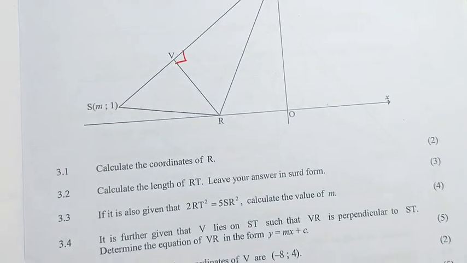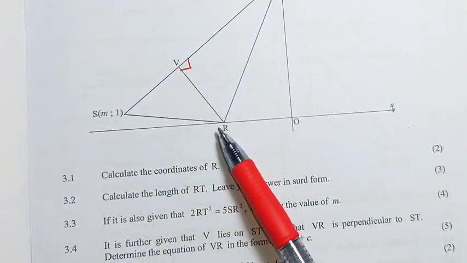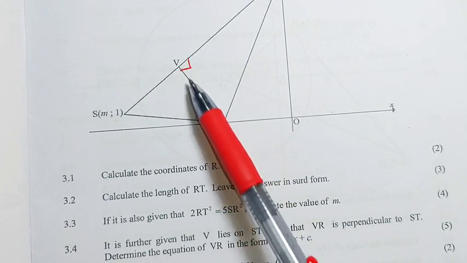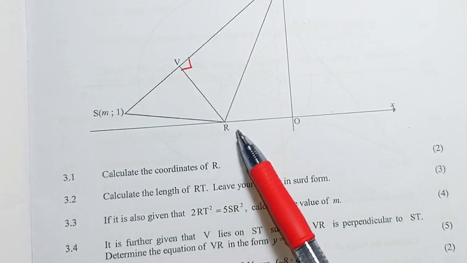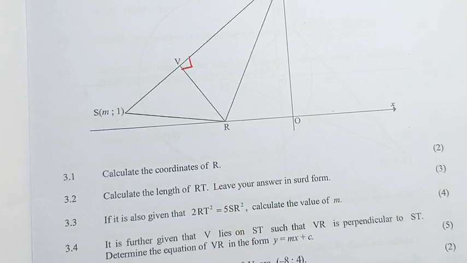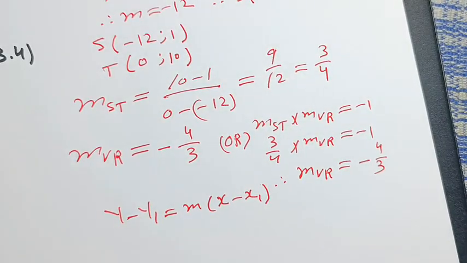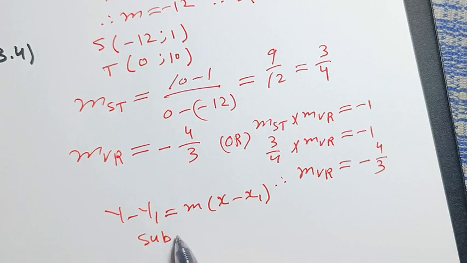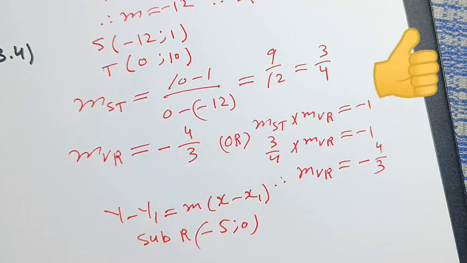Have a look here, in this straight line we only have the coordinates of R, and we're going to substitute that to find the equation of VR. So now substitute the coordinates of R into this equation, which is negative 5 and 0. This is your x, this is your y, and the gradient we already got is negative 4 over 3.